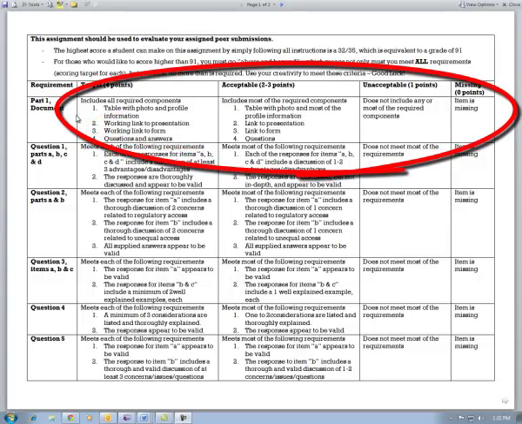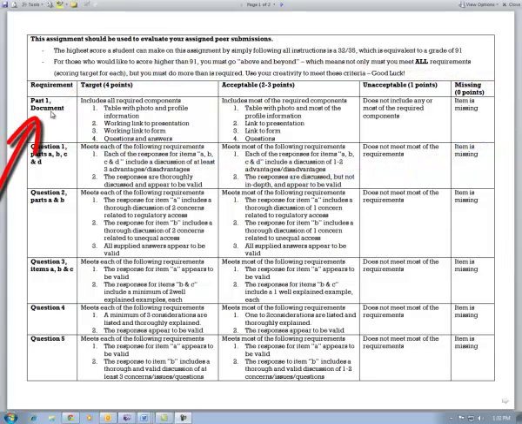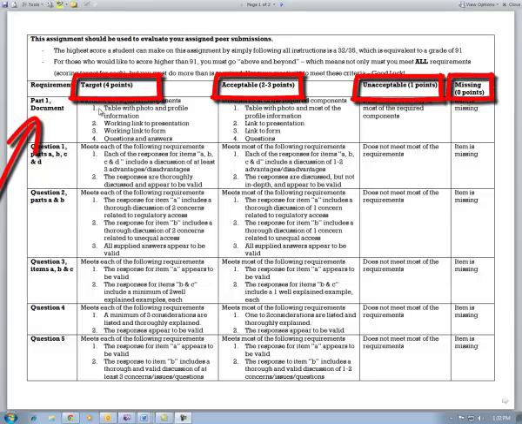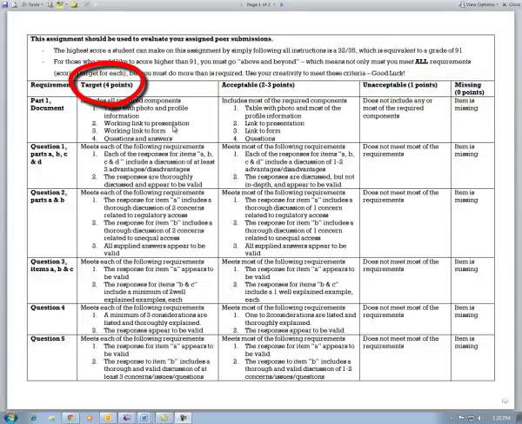Out next to each component are the specific requirements related to that component. For example, for the component Part 1 document, there are 4 possible categories of student response. The first category is target, and it is worth 4 points.